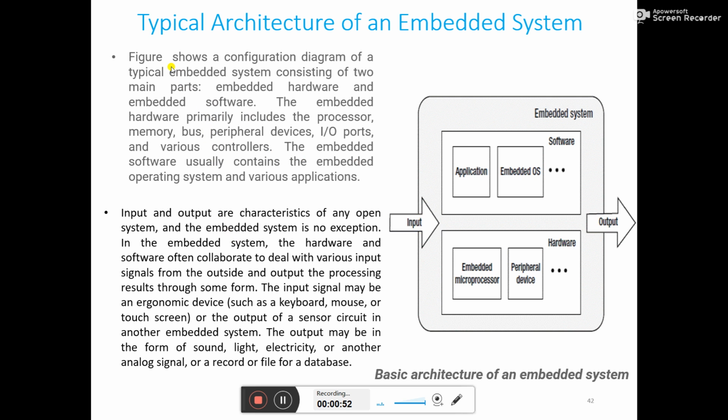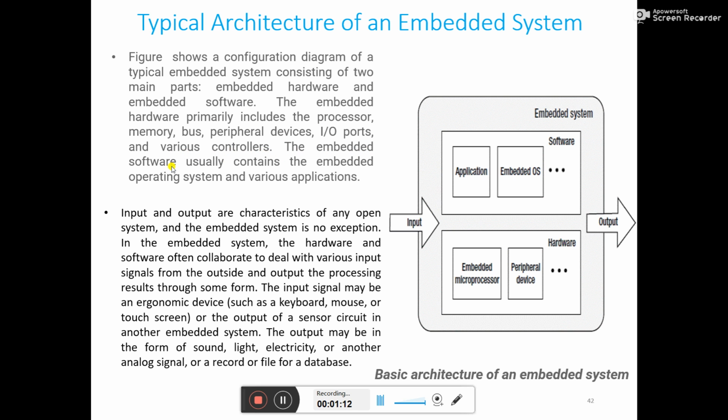So let's read it. A figure shows a configuration diagram of a typical embedded system consisting of two main parts: embedded system hardware and embedded software. The embedded hardware primarily includes the processor, memory, bus, peripheral devices, input output ports, and various controllers.